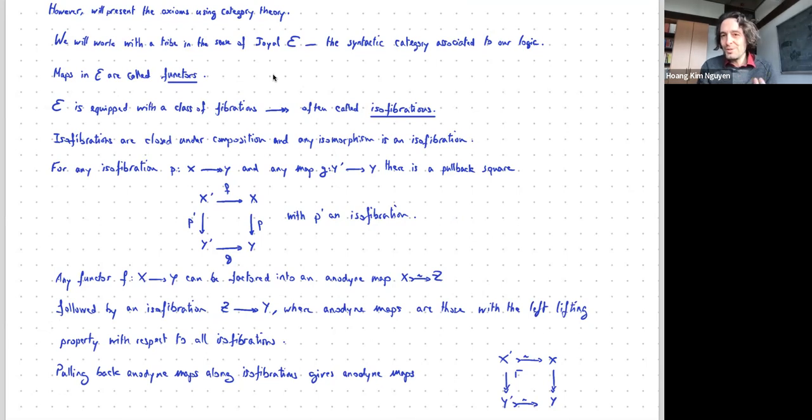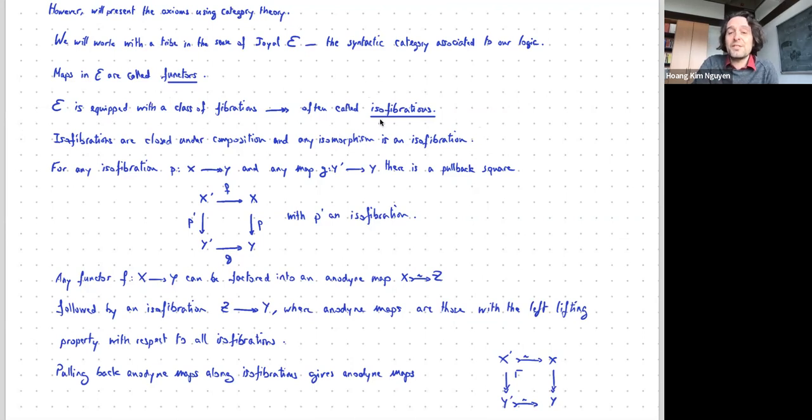So that means you have a category in which, because we want to interpret objects of this category as categories, the maps will sometimes be called functors. There will be a notion of fibration, because a tribe is by definition a category with a class of fibrations. But because I also think of this tribe as a category of categories, and in category theory, the notion of fibration that is suitable to work up to equivalence is called isofibration.